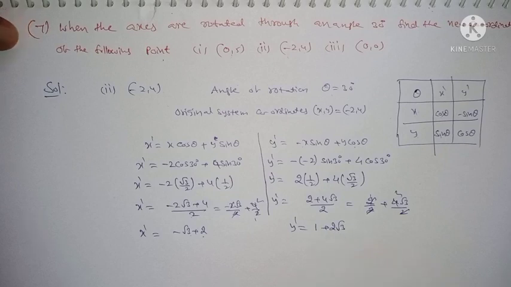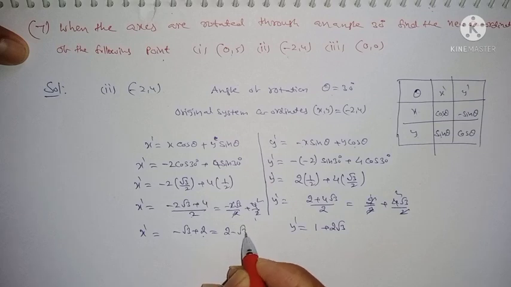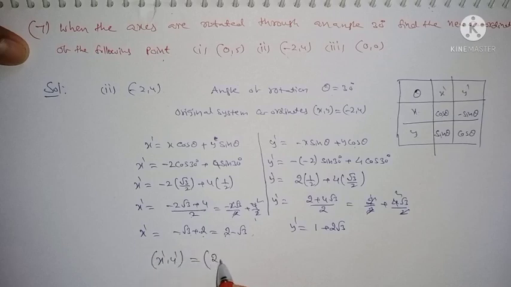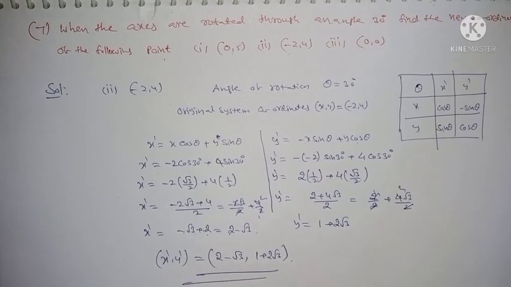Therefore, x dash and y dash is equal to 2 minus root 3 comma 1 plus 2 root 3. This is the answer.